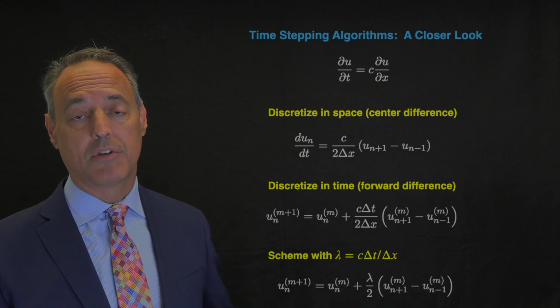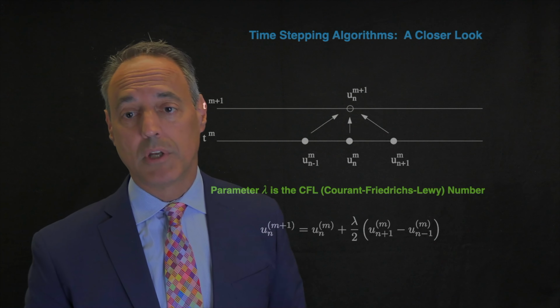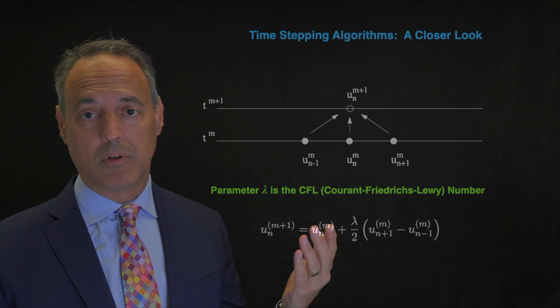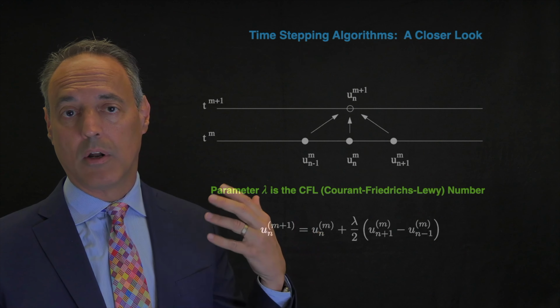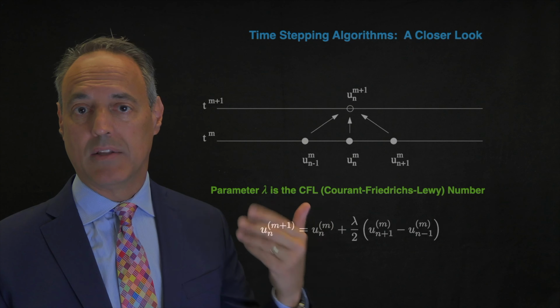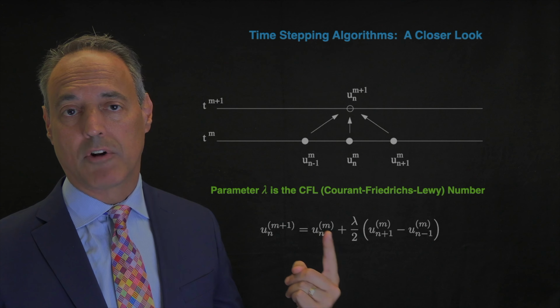It turns out this is an important quantity. This is called the CFL, the Courant-Friedrichs-Lewy condition number, and the CFL number is absolutely important for stability properties. We're going to investigate this in detail in the next lecture, but for right now you see that it's embedded right here in front of this term.